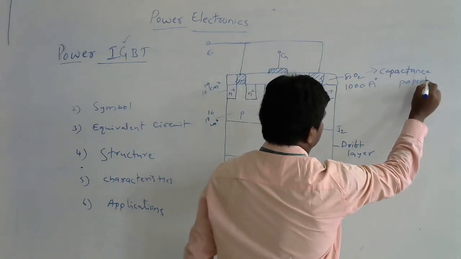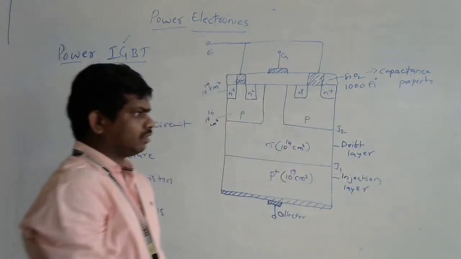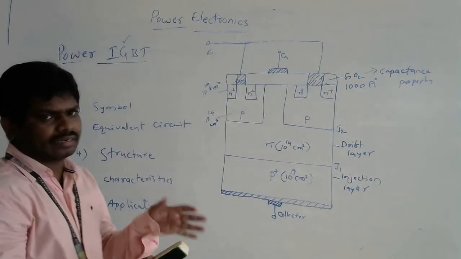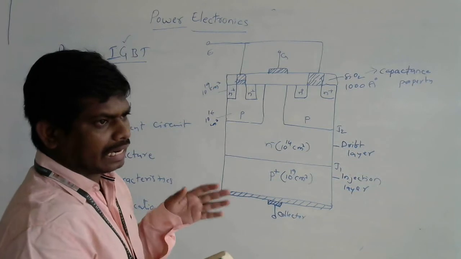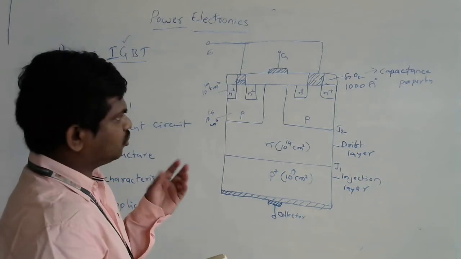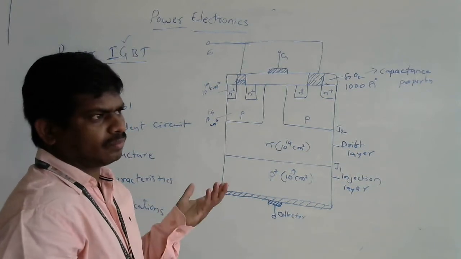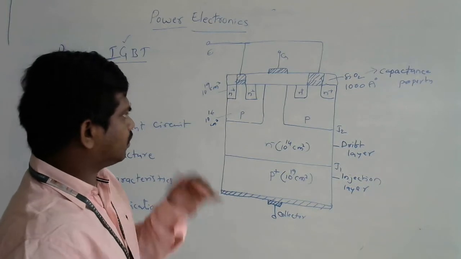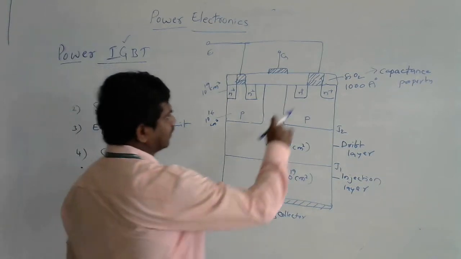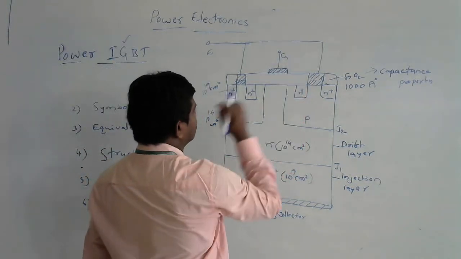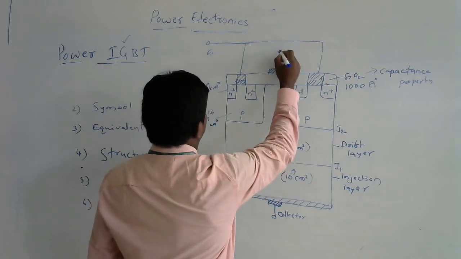What is the capacitance property? There is an upper plate, a lower plate, and a dielectric medium between them. There is a charge, and thereby some voltage is induced. Like that, silicon dioxide acts as a capacitor here.